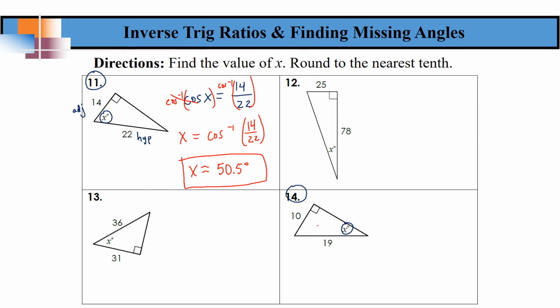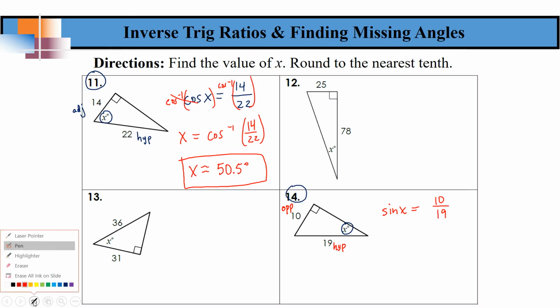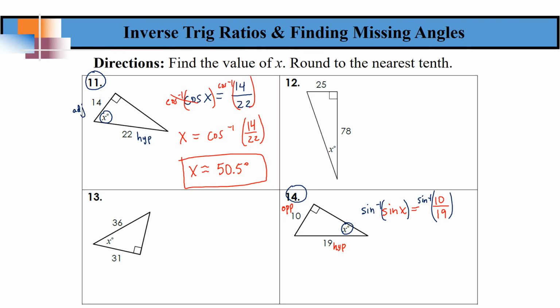And one more just to make sure that we've got that under our belts. As we look at number 14, we can see that 10 is the opposite leg and that 19 is the hypotenuse. Remember that opposite over hypotenuse is sine, so we can say sine of x equals the opposite leg, 10, over the hypotenuse, 19. We will use inverse sine to break x free of this sine. We apply that to both sides of the equation.